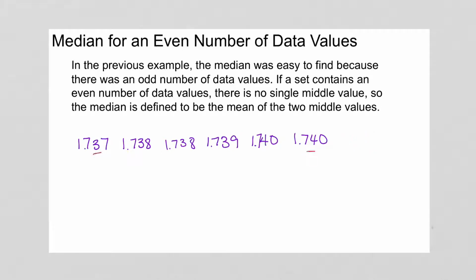Then you end up with 2 in the middle. So what you do is you take those two numbers and average them. Add them and divide by 2. So 1.7385.